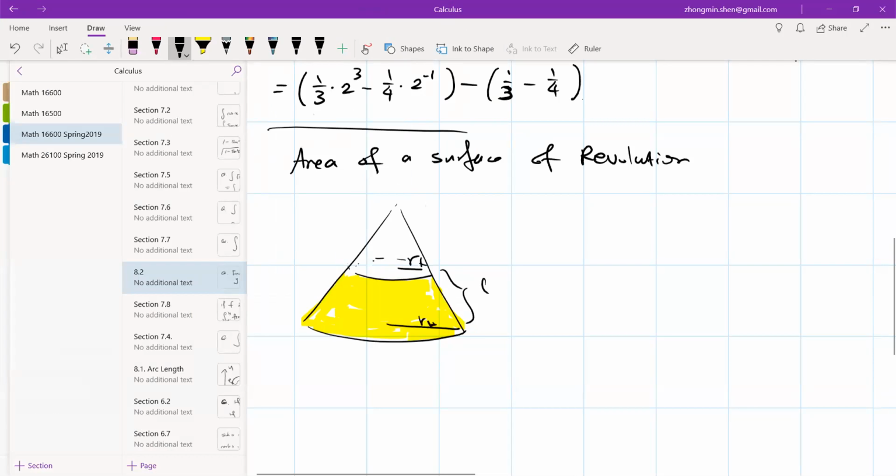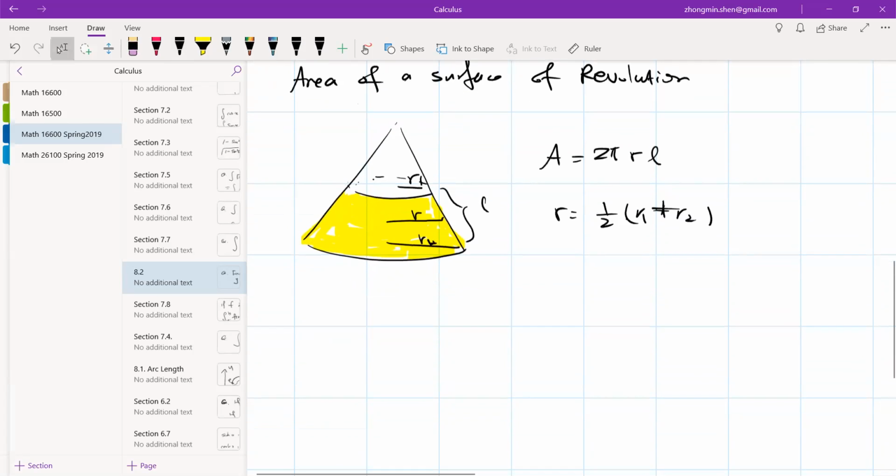I'm not going to spend time deriving it. The area is 2 pi R L, where R is the average value of the two radii. This is the formula we're going to use to derive the area formula for a general surface of revolution.